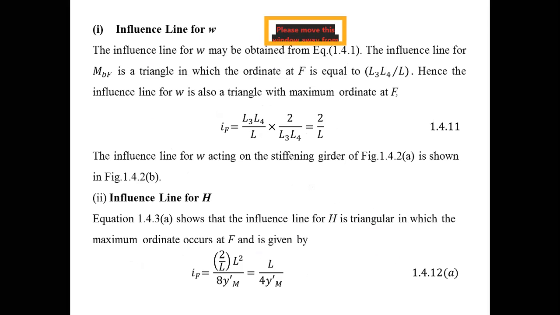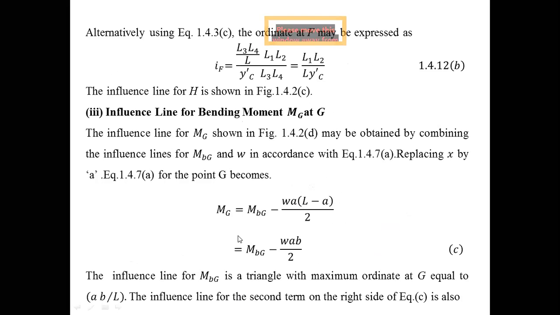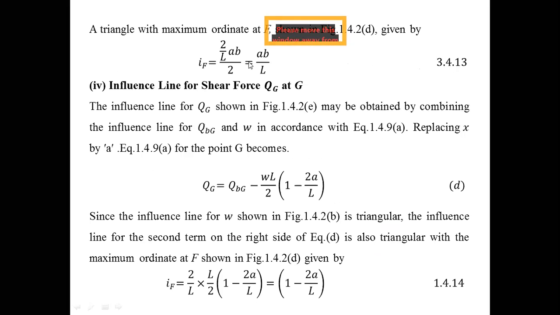So this is it, simply I will put a. Why have I given the combination of MBG and W like this? Because in place of x you put a, then it will become MBG. That means simply the bending moment at G in the simply supported beam, and it is the bending moment diagram of W. You know W. So both influence ordinates are ab by L, whose triangles are the same.